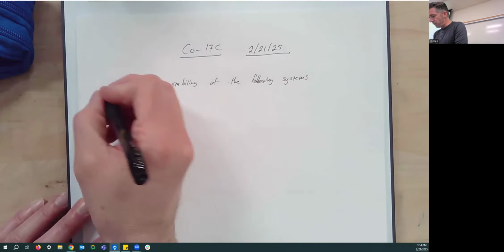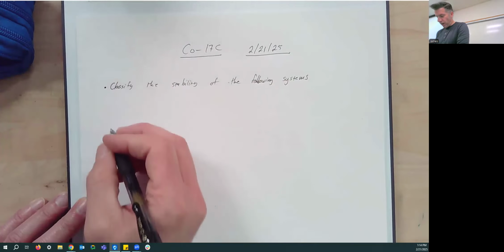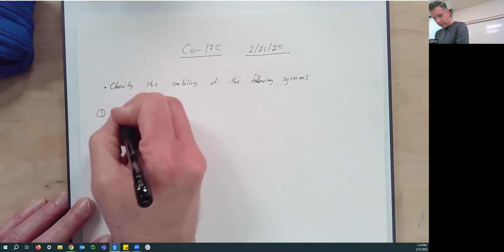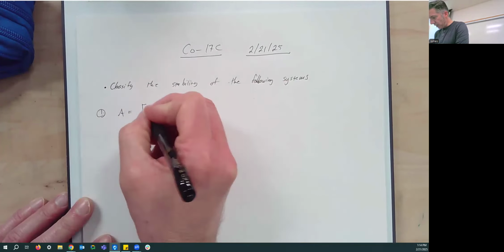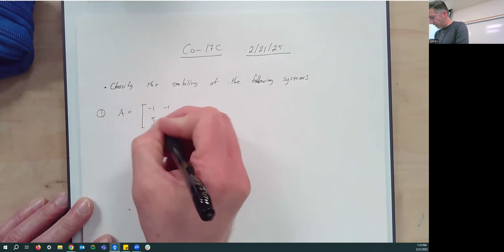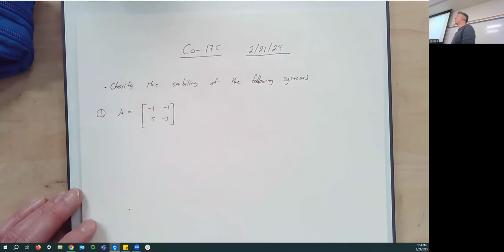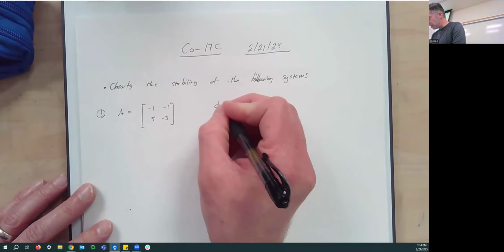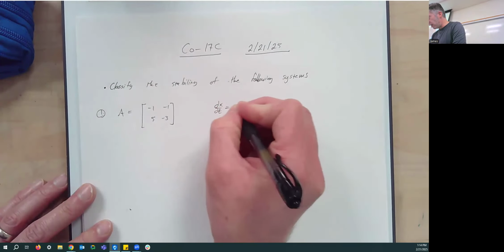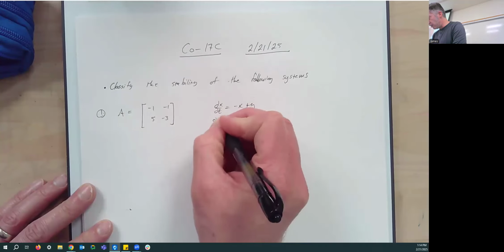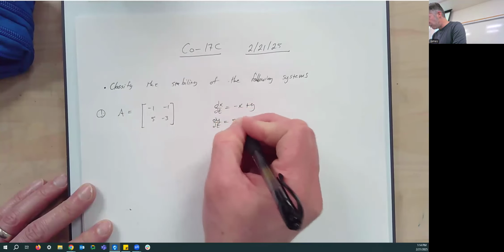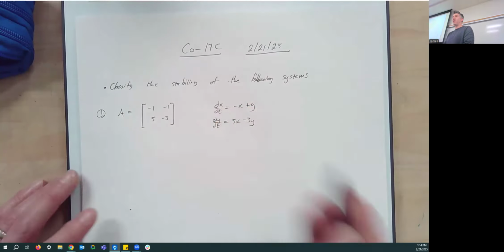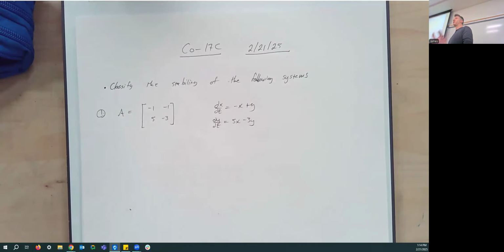So for example, when I give you the matrix A equal to [-1, 1; 5, -3], we know that means we're talking about the system dx/dt equal to -x plus y, dy/dt equal to 5x minus 3y. We don't need to write that down, we're just all on the same page. Or you can use x1 and x2, right? Either way, x and y, x1 and x2, same difference.